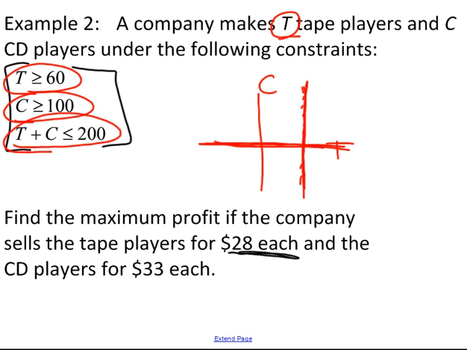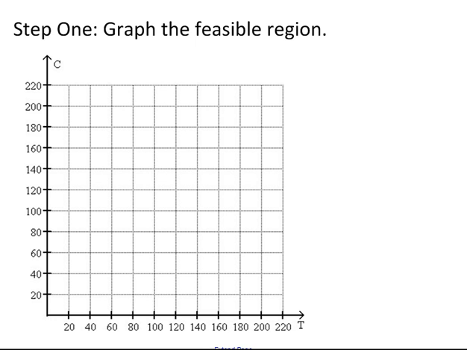So let's look at a graph here. We have to have t greater than or equal to 60. So a vertical line at 60. And we need to do shading. So this is t has to be greater than or equal to 60.